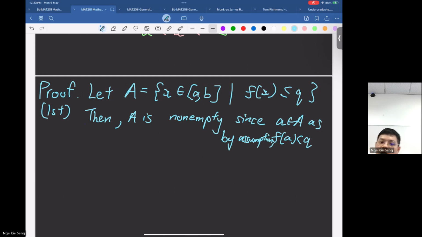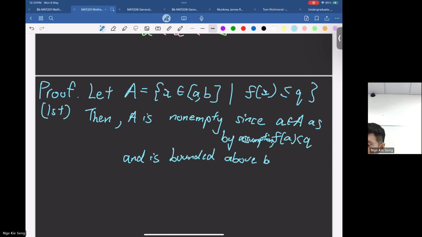And is it bounded above or not? Bounded above by what? You want to bound who? Q is to bound the value of f(x). But this set here is the points from a to b. Yes, it's bounded above by b.